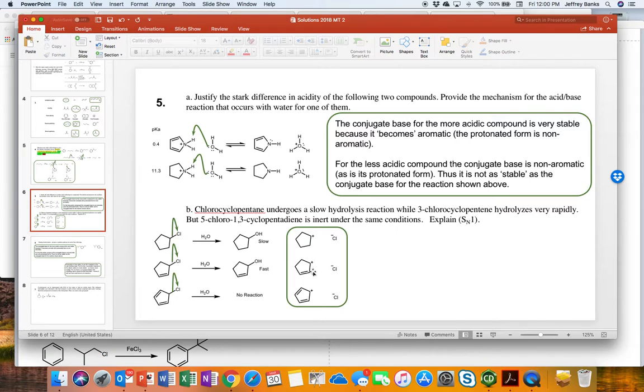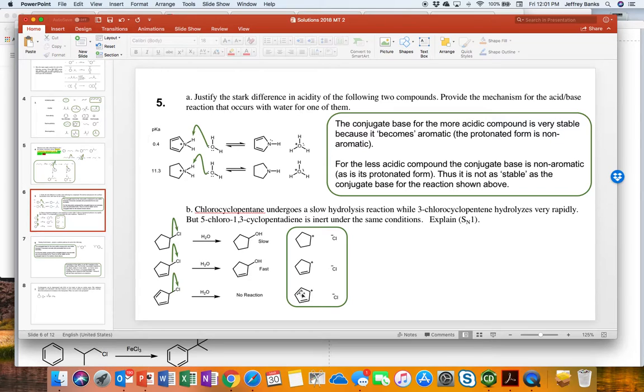Notice that the positive charge is conjugated with this pi system. So we can draw resonance structures where we have a carbon-carbon double bond here and the positive charge in this position. In the case of the cyclopentadiene, we have the cyclopentadienyl cation, which is sp2 hybridized. All of the carbon atoms are sp2 hybridized. We only have 4 electrons in this system, so it's anti-aromatic.